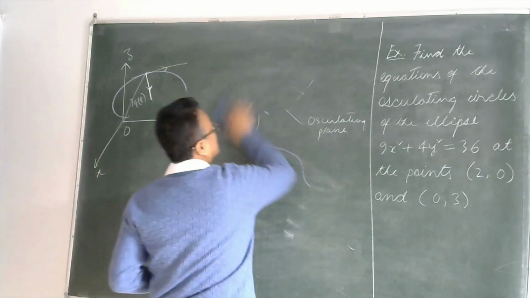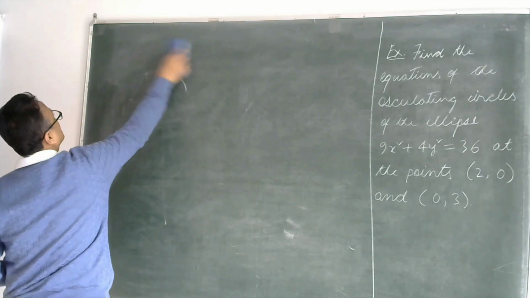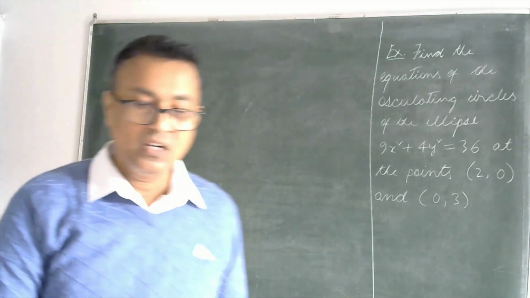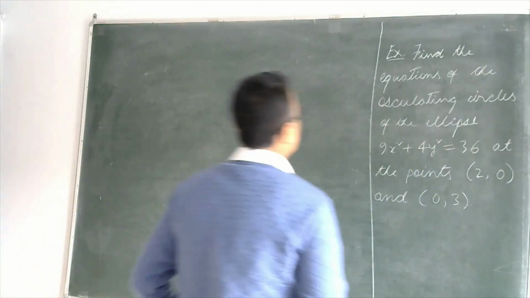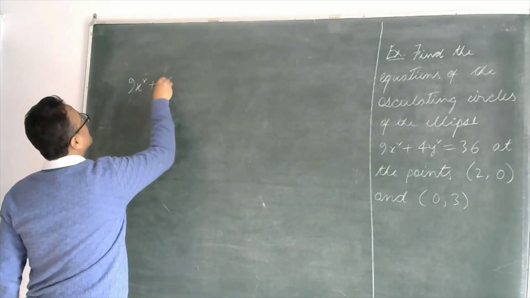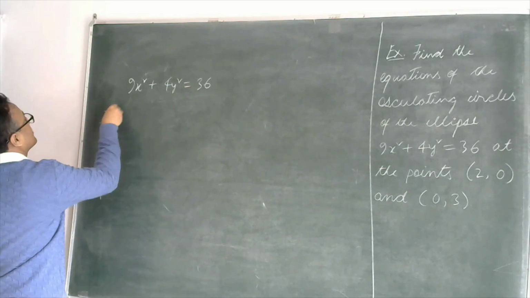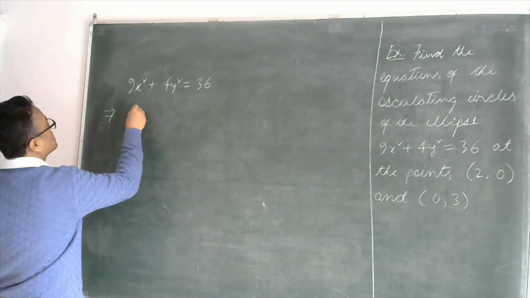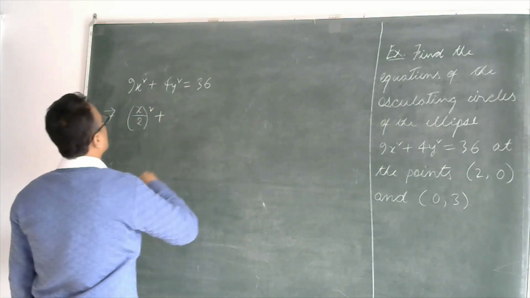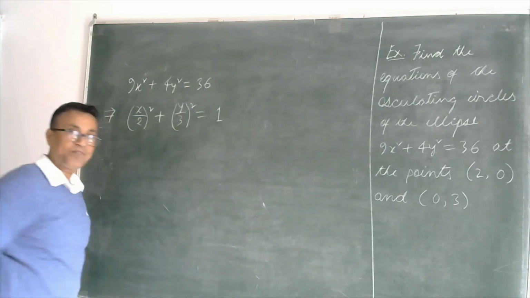Always remember, I have a formula for curvature in Cartesian form. So the example is 9x squared plus 4y squared equals 36, and you can convert it into (x by 2) whole squared plus (y by 3) whole squared equals 1.